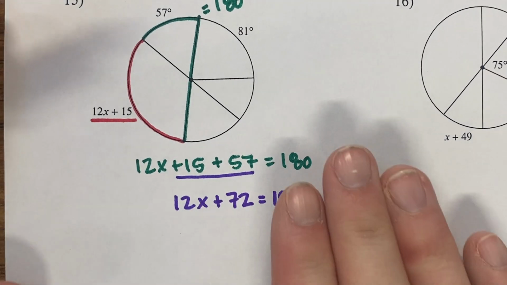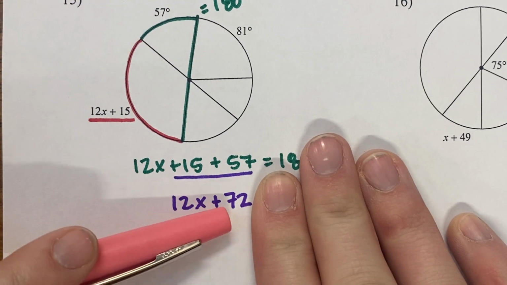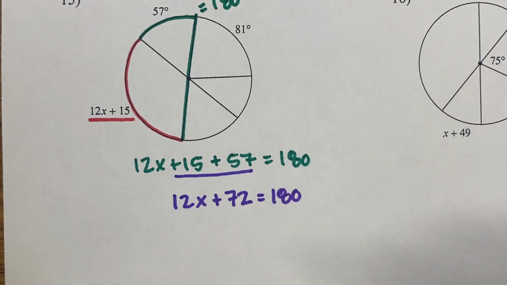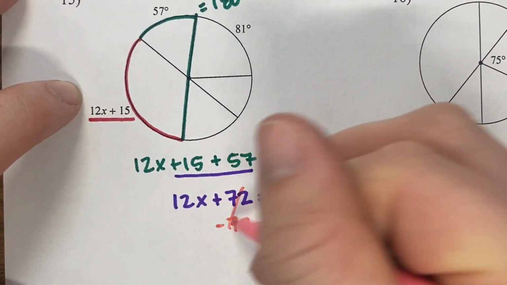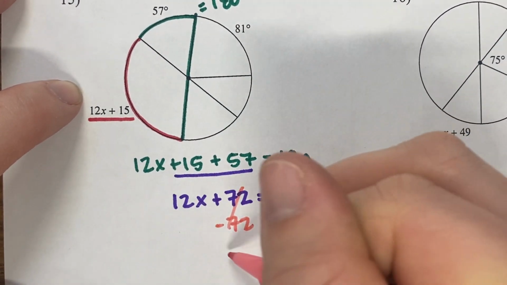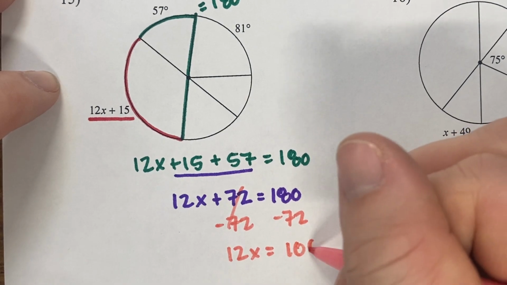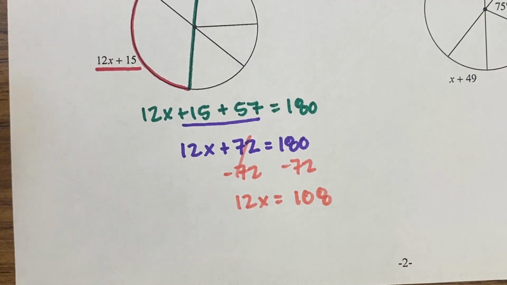Now I can look at my side with my x. I need to get rid of the 72 first. So I do the opposite. Subtract 72 from both sides. I get 12x is equal to 180 minus 72, which is 108.